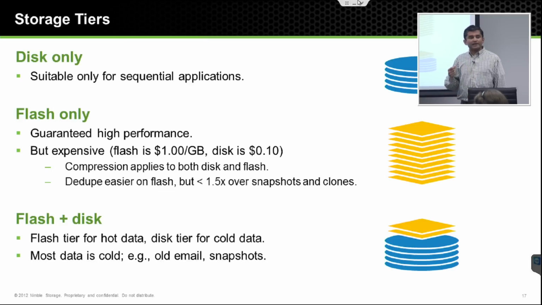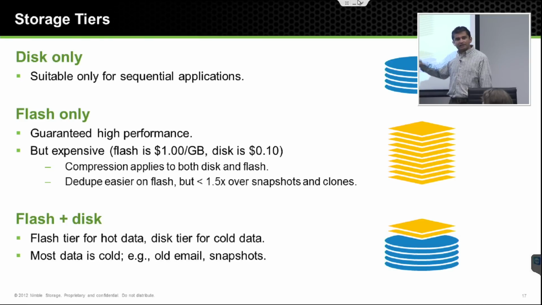Now, one might say that various data reduction techniques can bring down the effective cost of capacity for flash. But one has to keep in mind that of these techniques, compression is applicable to both flash and disk. So that does not change the relative cost of capacity between flash and disk. Deduplication is indeed easier to do on flash for various reasons.